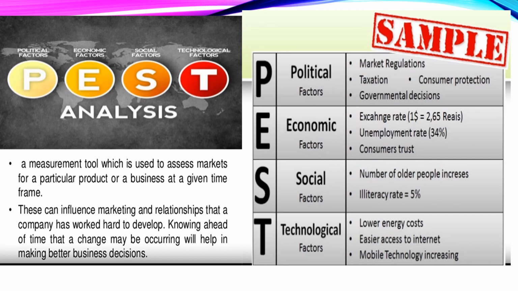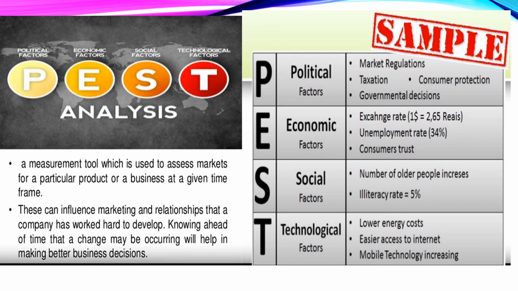E, economic factors. Under economic factors, we have exchange rate, unemployment rate, consumers' trust. We have S. S stands for social factors. Under social factors, these are the examples: number of older people increases, illiteracy rate.